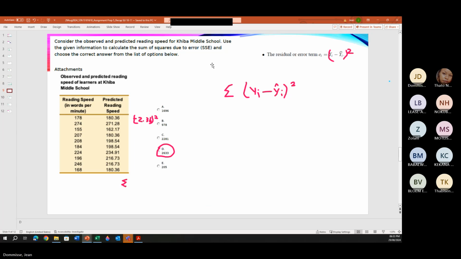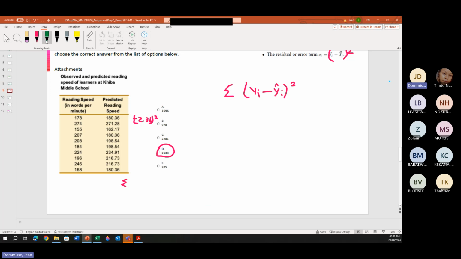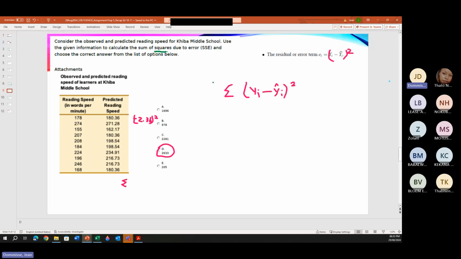And the reason why I included the SSE, the sum of squared errors, is that when you go through your study guide, this is not really mentioned anywhere.